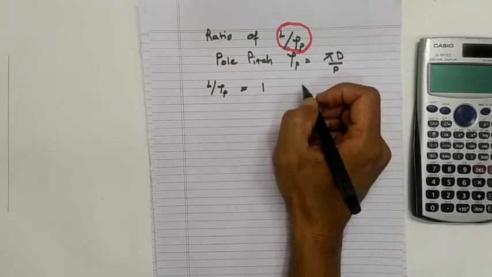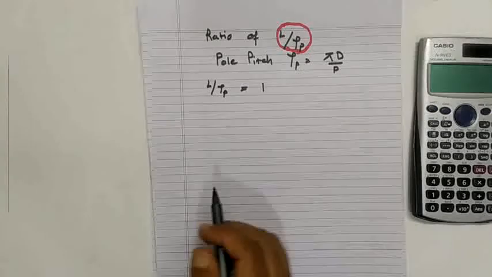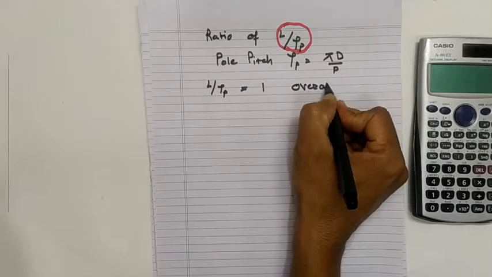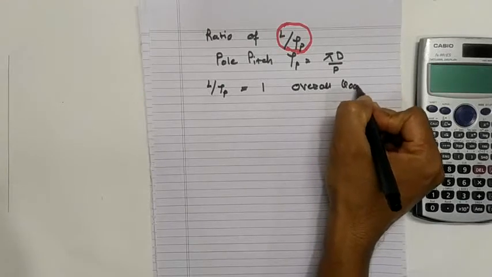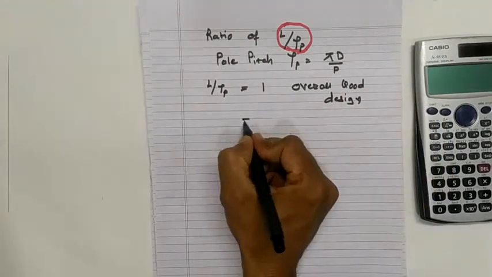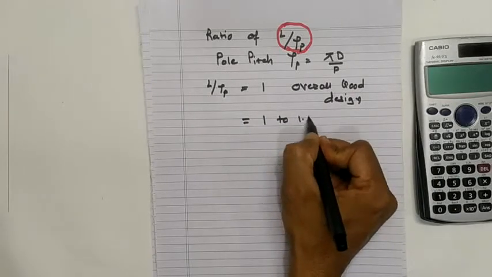For an overall good design, we can take this ratio as 1 to 1.25.